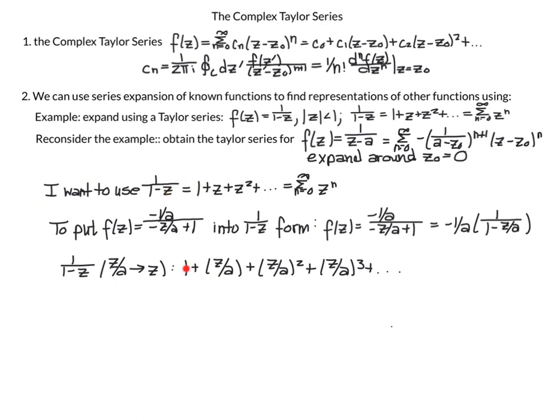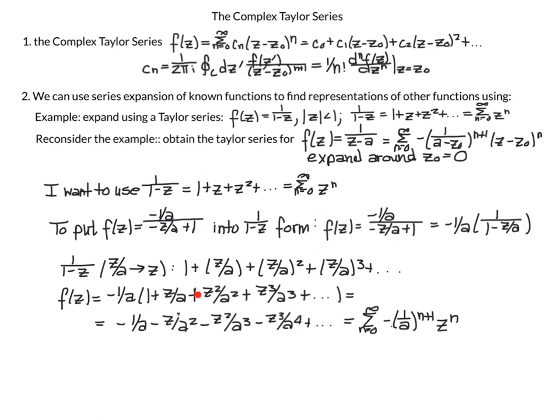So now I'm going to have 1, z over a, z over a squared, z over a cubed. This is looking good, but don't forget, this expansion here is just for the 1 over 1 minus z over a. I still need to multiply by negative 1 over a. So f of z is negative 1 over a times the expansion I just have over here.